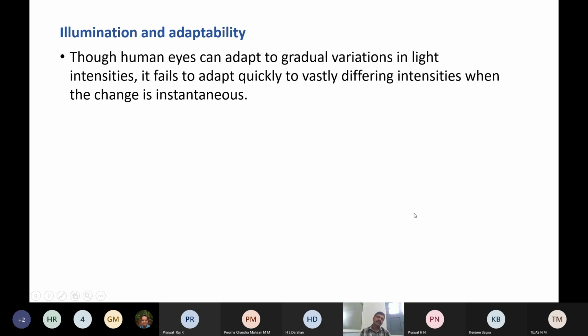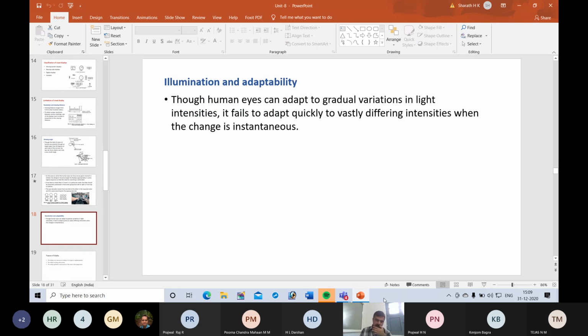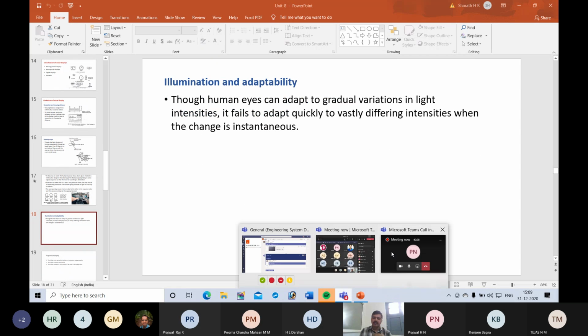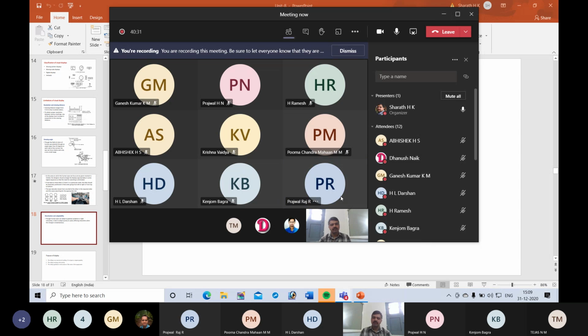Okay, next illumination and adaptability. Though human eyes can adapt to gradual variations in light intensities, they fail to adapt quickly to vastly differing intensities when the change is instantaneous. We have noticed if you go to a theater late, it is difficult for us to adjust to the light.